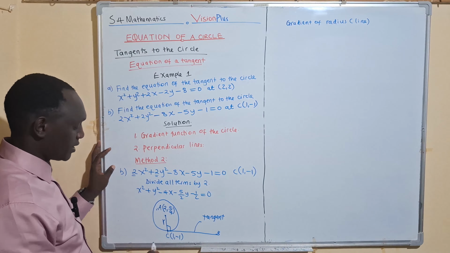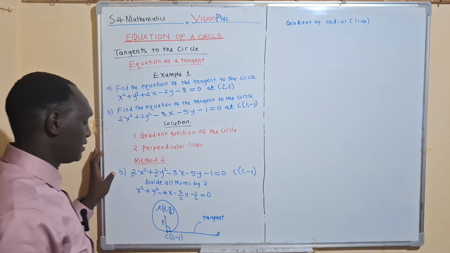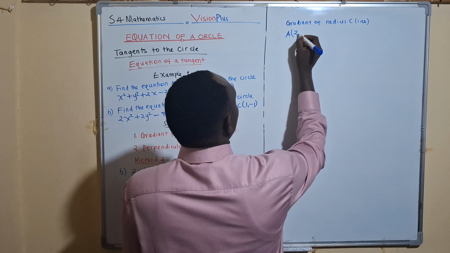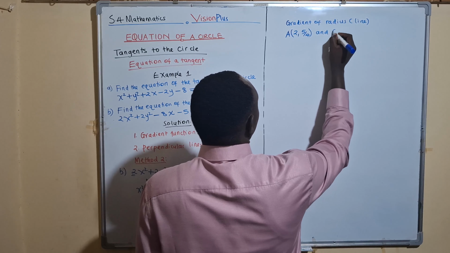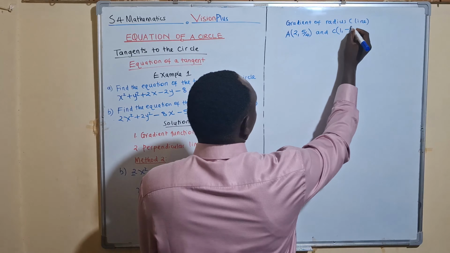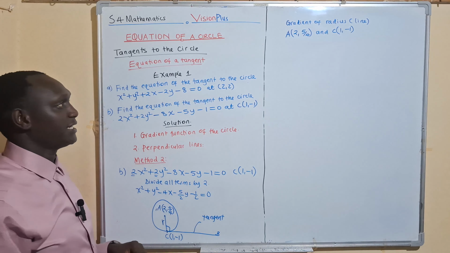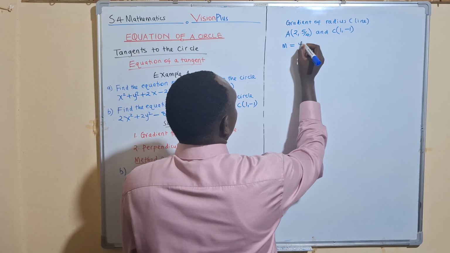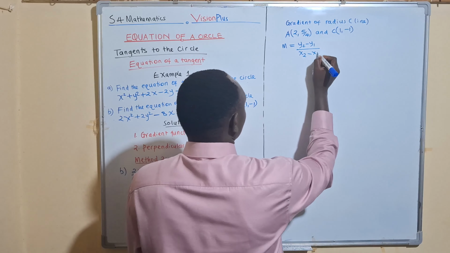Now we can use the two points, which are the end points of the radius, to find the gradient of the radius. That is point A, the center (2, 5 out of 4), and the point on the circumference, point C, which is (1, -1). You know that the gradient of a line is given by change in y, which is y2 minus y1, over change in x, x2 minus x1.